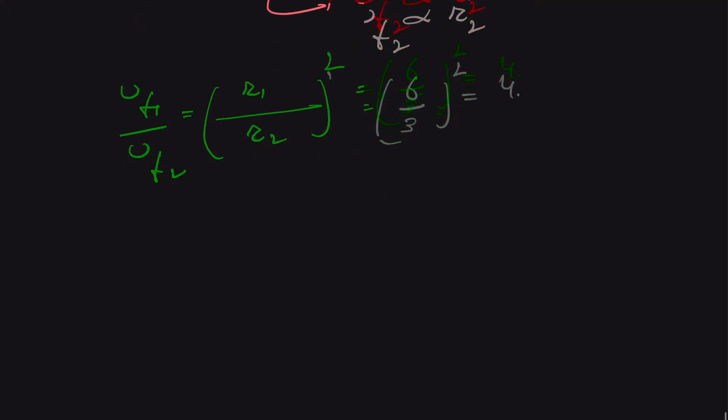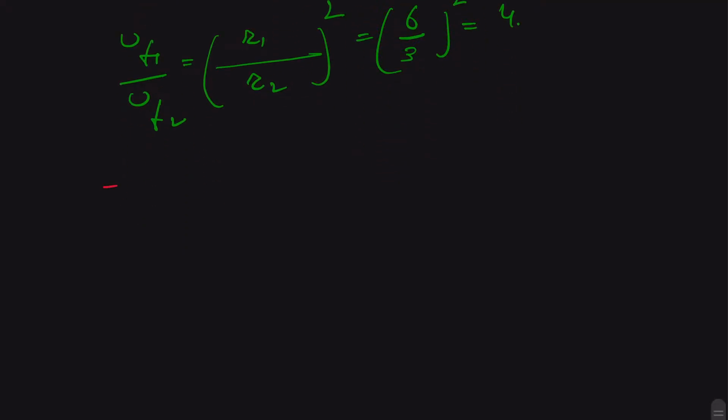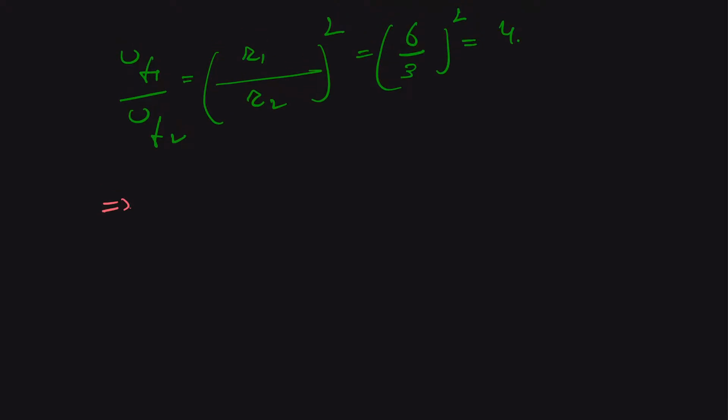Therefore Vt1 is 20, so Vt2 is equal to 20 upon 4, giving us 5 centimeter per second.